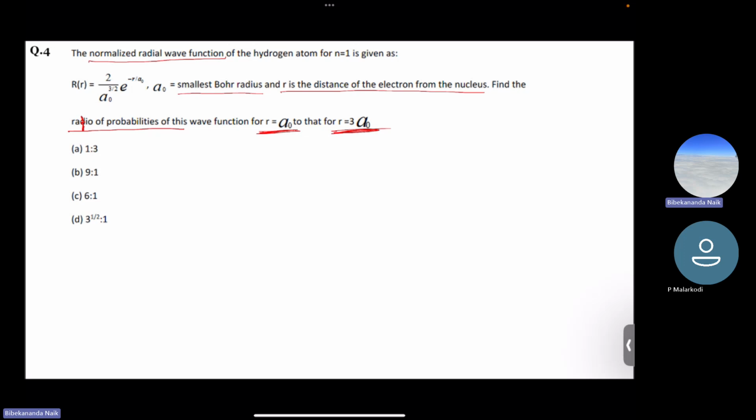So how will we calculate? We will see that in the solution, where the options are option A 1 is to 3, option B 9 is to 1, option C 6 is to 1, or option D 3 to the power half is to 1. So we need to find the ratios of probabilities of the wave function where r is a0 and r is 3a0.